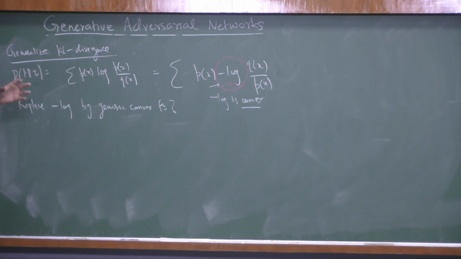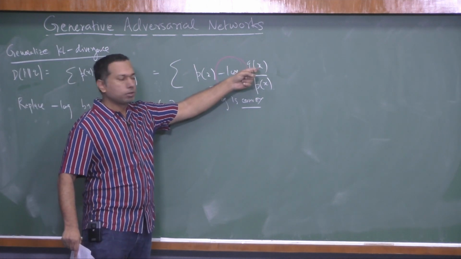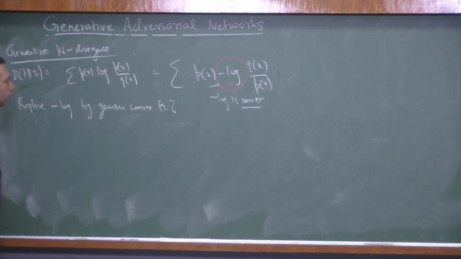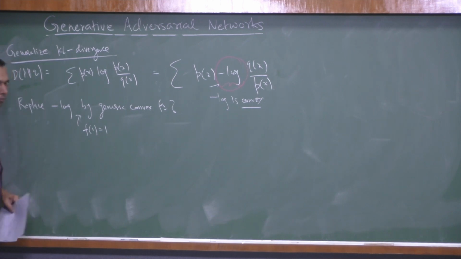If P diverges from Q, then the value of KL is increasing, things like that. So one possible restriction is that when these are equal, it should vanish. In other words, that convex function should be such that f of 1 is 0.